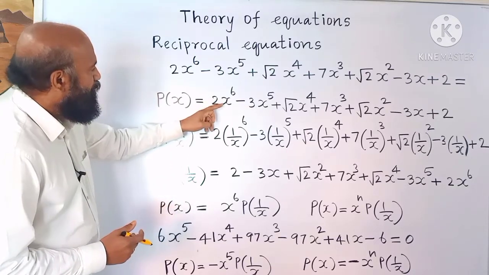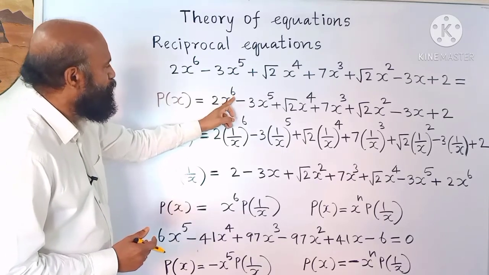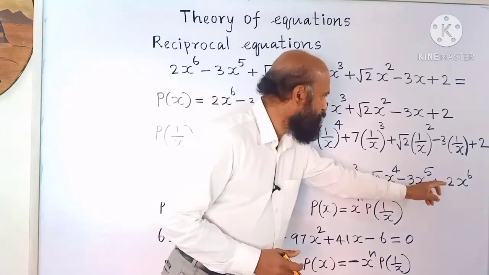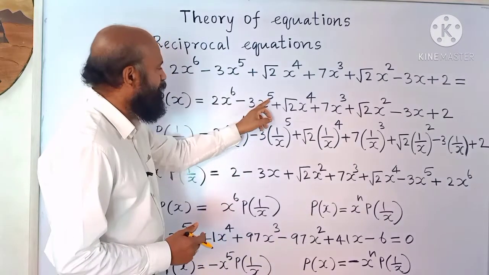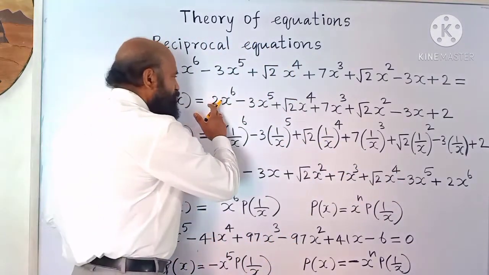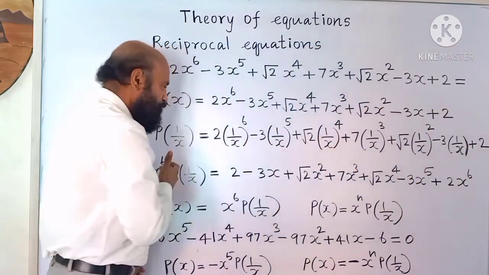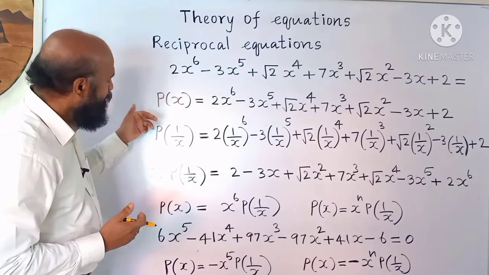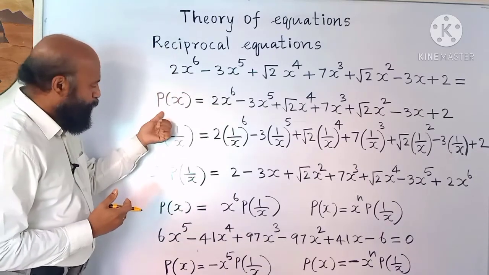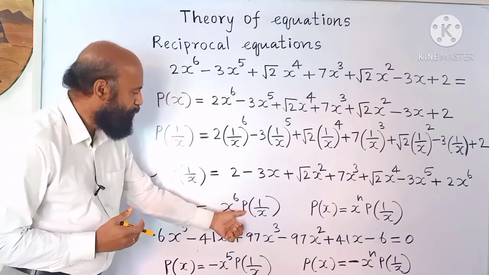Now you can see these two are same. Here 2x raised to 6, 2x raised to 6 minus 3x raised to 5. So this and this are same. Here it is from this side to that side. Here same thing from that side to this side. These two are same. That means p of x is x raised to 6 p of 1 by x.